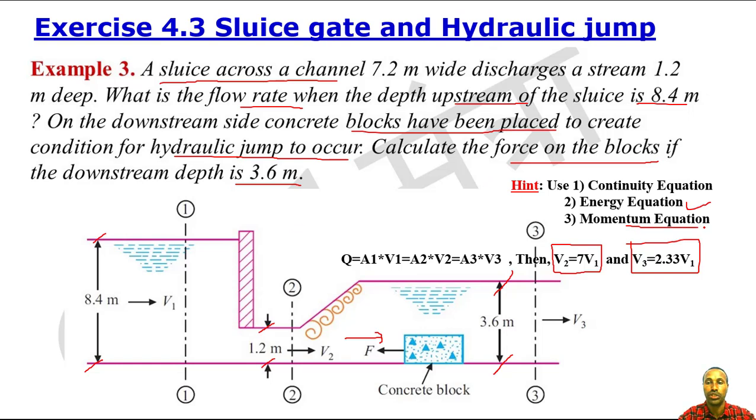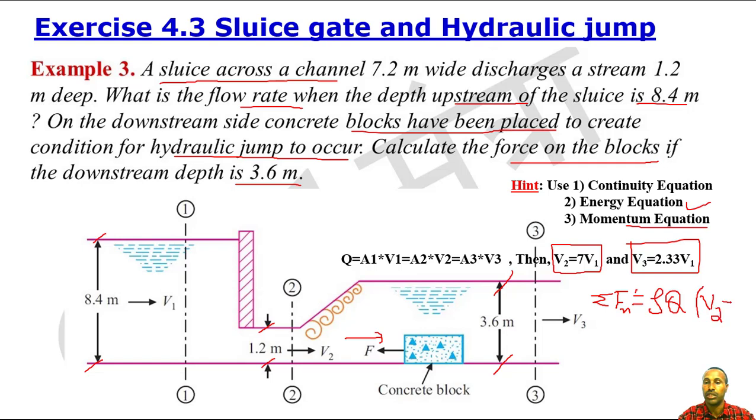Then the momentum equation: summation of net force is equal to rho Q times change in velocity. Rho times Q is the mass flow rate, then the change in velocity between 2 and 3, you can find V2 minus V3.